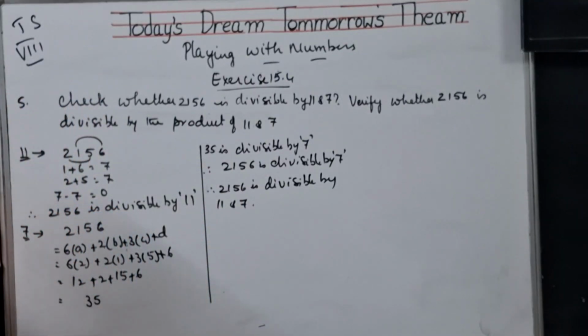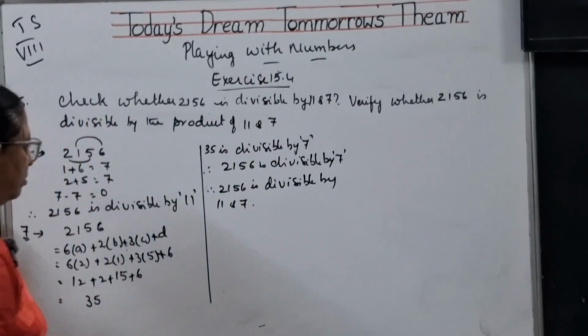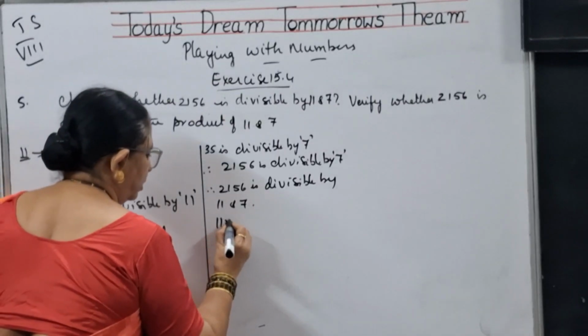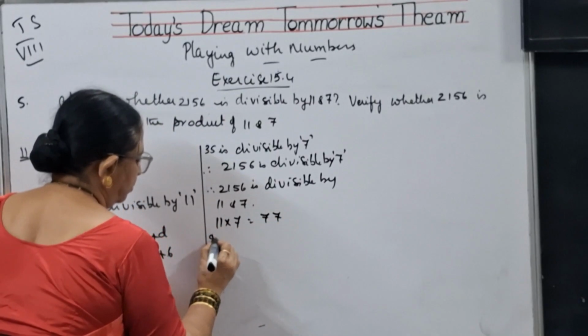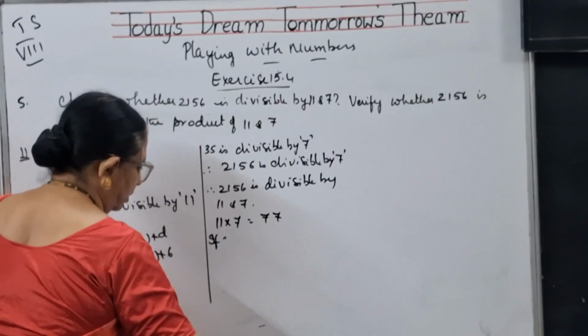Verify that it is divisible by the product of 11 and 7. 11 into 7 is 77.